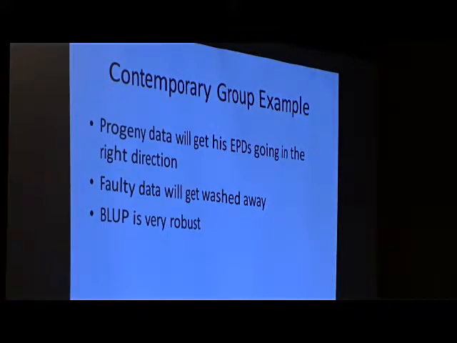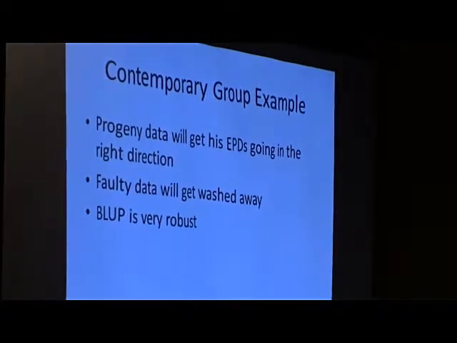The more progeny data we get, the more it's going to center around what his true breeding value actually is. So essentially, the faulty data that was reported by Goofus is going to get washed away. And that's what's so good about the EPD system that we use.